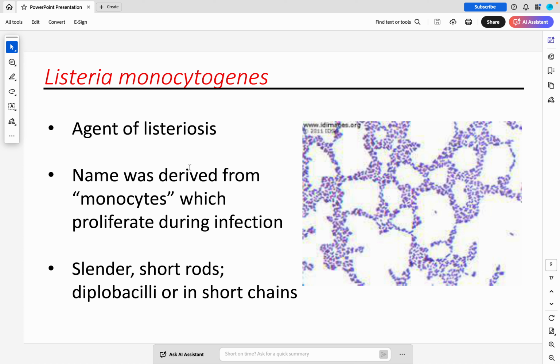As a facultative intracellular bacterial pathogen, it takes advantage of the immune cells hunting it down in order for it to survive and become more distributed in the human host. The name was derived from monocytes, which proliferate during infection with this bacterial pathogen. They appear as slender short rods, and can appear in short chains as diplobacilli.